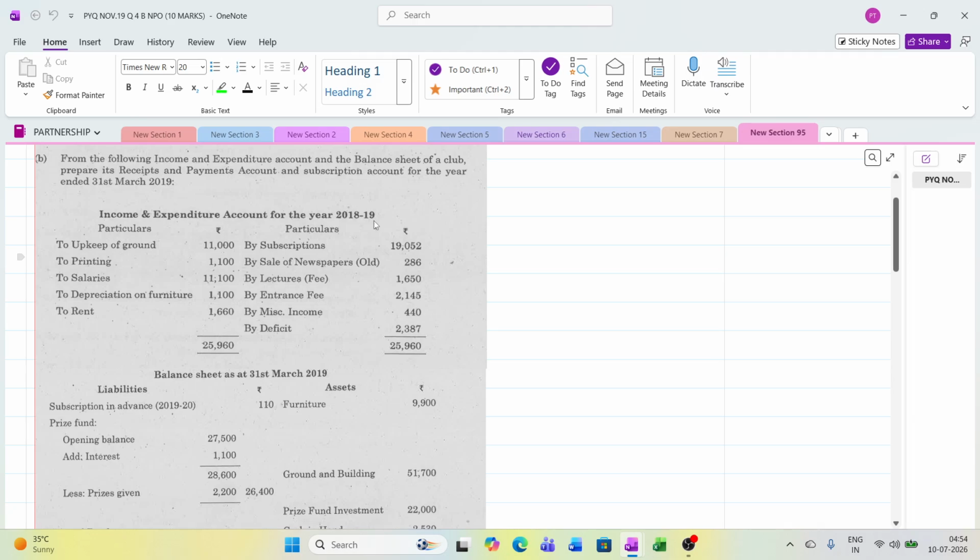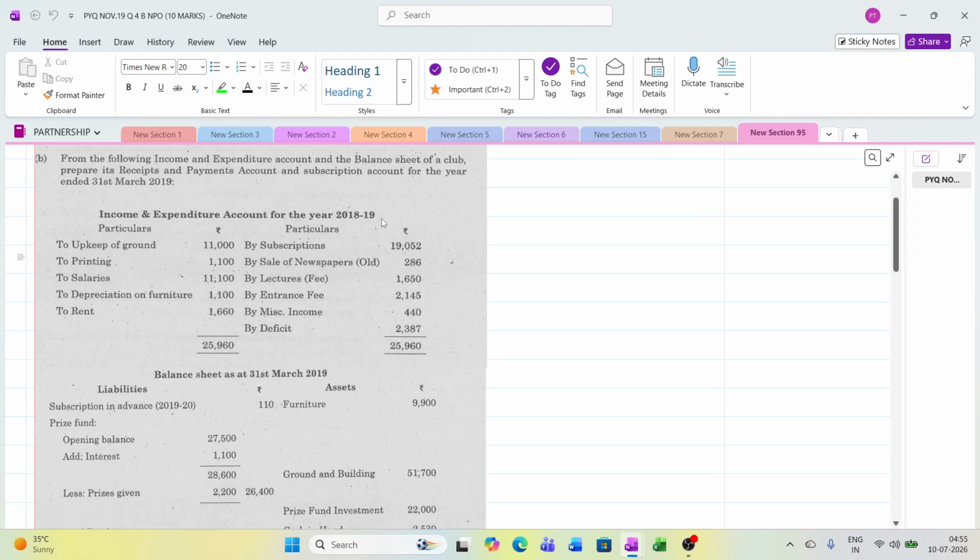All of you know that the receipts and payments account follows a purely cash basis. It is a summary of the cash book. So only the actual cash receipts and actual cash payments are recorded, irrespective of whether they pertain to the current year, previous year, or subsequent year.